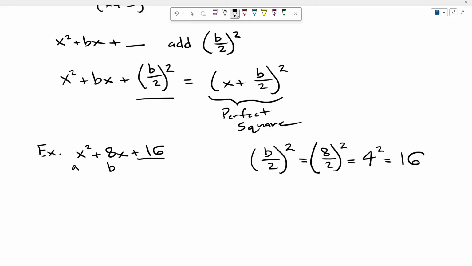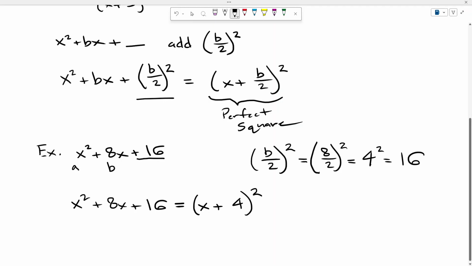And then that will give us, we'll rewrite it down here, x squared plus 8x plus 16. So we determined that's our constant to add after we completed the square. And now this gives us a perfect square. We end up with x plus b over 2, which again, we said was 8 divided by 2. That's 4, and squared.